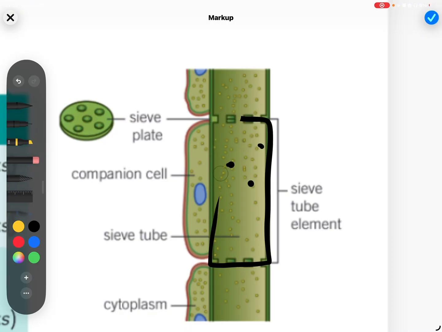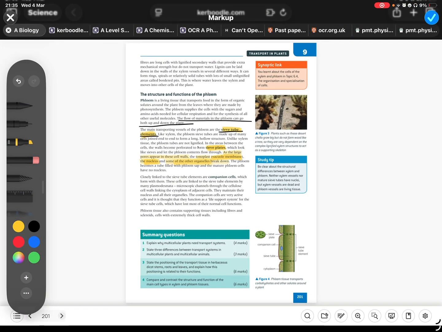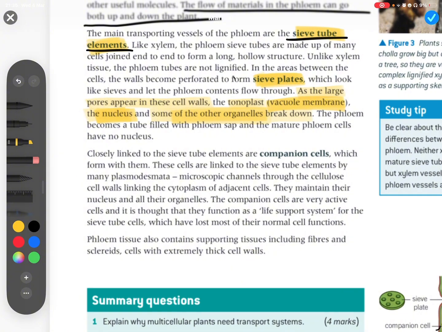And you're like, okay, that's cool and all, but then how does this cell live? If it doesn't have a nucleus, how does it actually function? Normally it would just die. But remember, phloem is living. Companion cells. Even more knowledge to know.